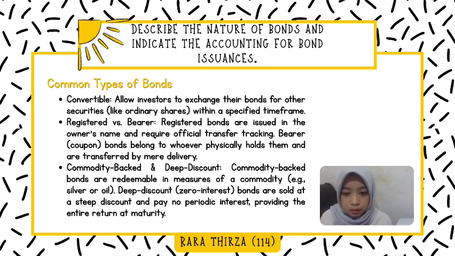For the last types, we have commodity-backed and deep discount bonds. Commodity-backed bonds are redeemable in measure of a commodity, for example silver and oil. Deep discount or zero-interest bonds are sold at a steep discount and pay no periodic interest, providing the entire return at maturity.